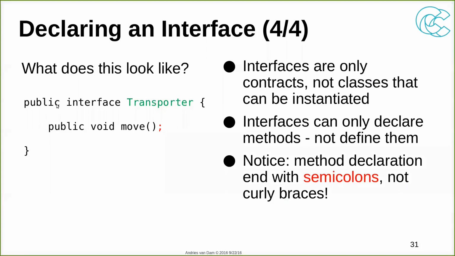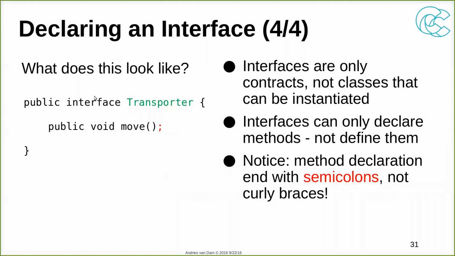So this is the visibility modifier part. Then the keyword, then the name of the interface, and within the interface, you only declare the methods. You don't provide the definition of the methods, which is the actual body of the method. You only give the signature of the method: the name of the method, the arguments it can take, the return type, and the visibility modifier. You end this declaration with a semicolon.